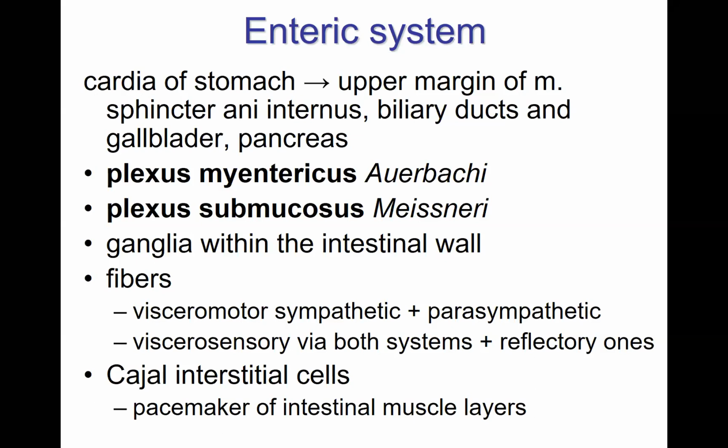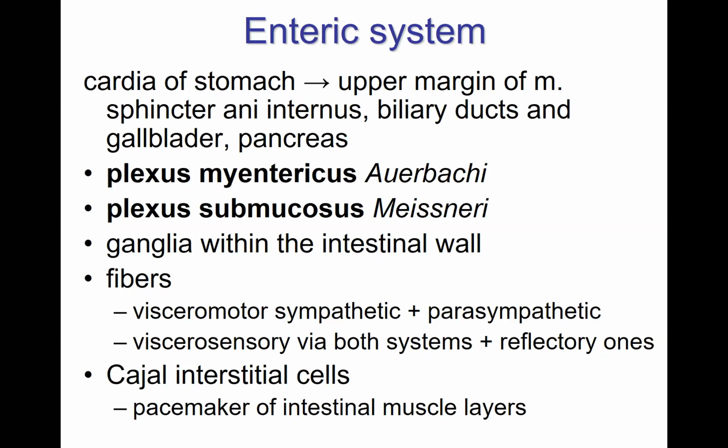Yeah, the function of these plexuses is to govern the glands of the intestinal tract and to govern peristalsis, so the smooth muscles. And they extend over the whole foregut, midgut, and hindgut, plus the glands which are developed from that. Yeah, pancreas, gallbladder, liver, and in the liver the biliary ducts.